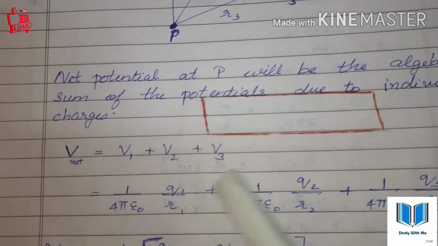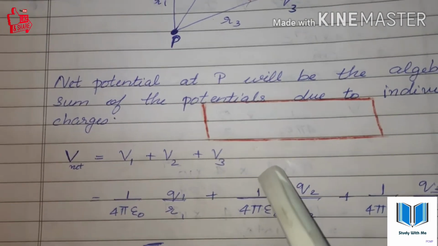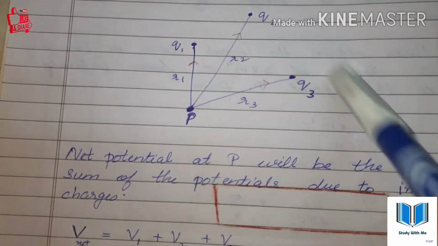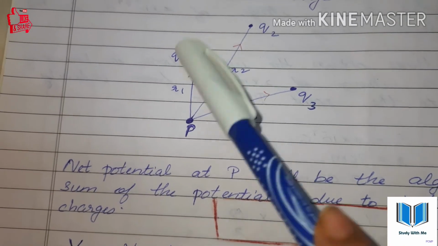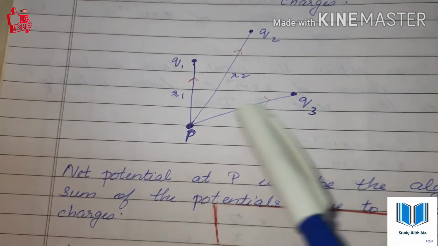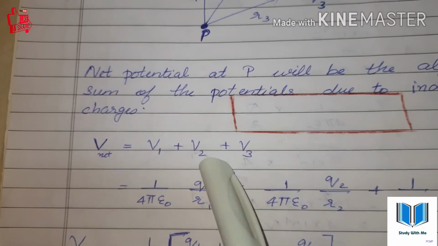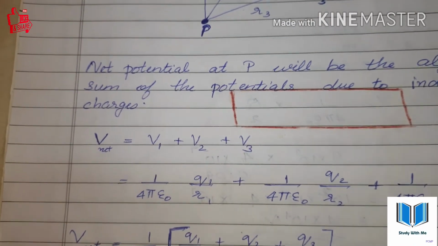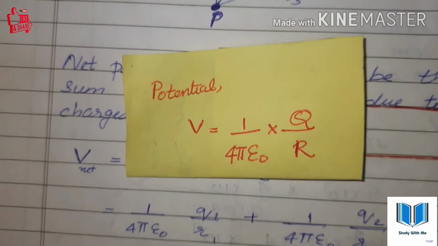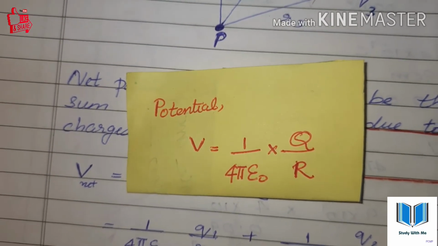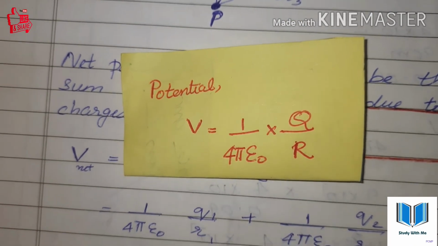So for finding the net potential, we have to add the potentials created by these three charges. So V net equals V1 plus V2 plus V3. We know the equation of potential, that is V equals 1 by 4 pi epsilon naught into Q by R. Q is the charge and R is the distance.